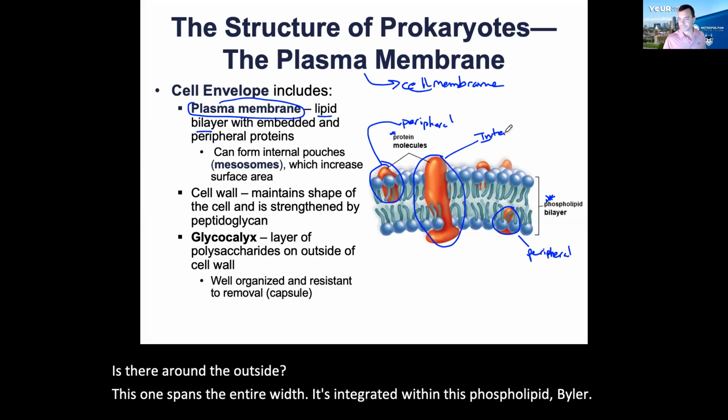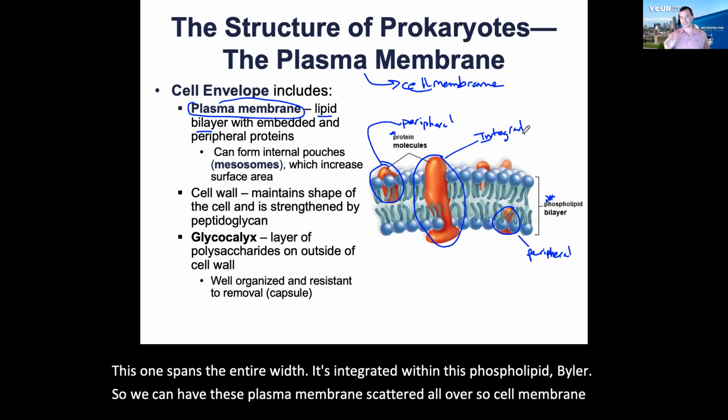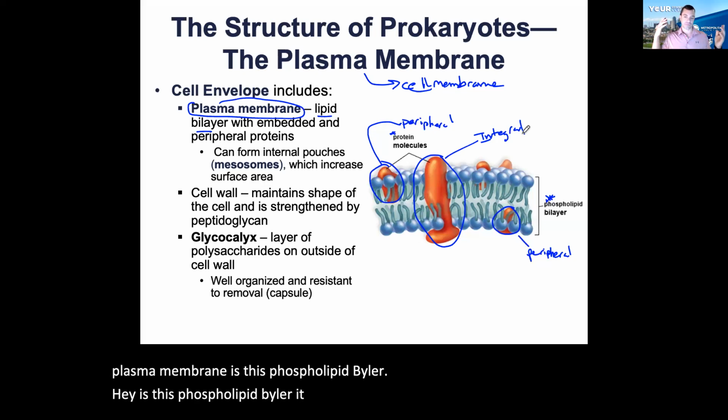Integral. So we can have these proteins scattered all over. So cell membrane, plasma membrane is this phospholipid bilayer. It can have proteins scattered around.